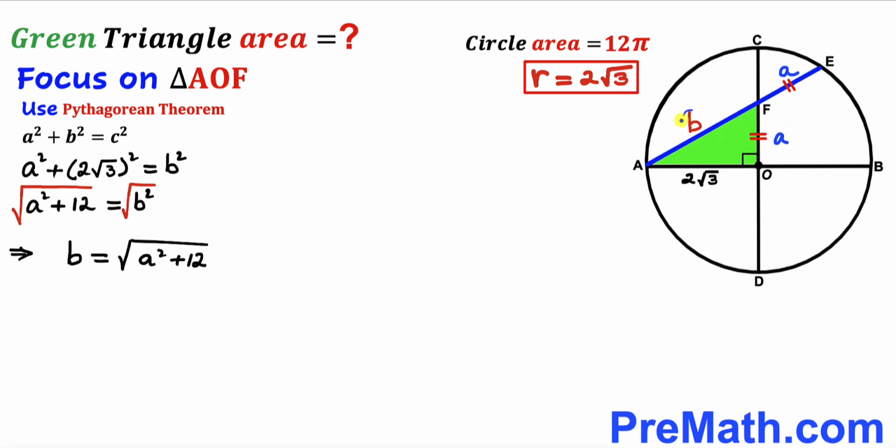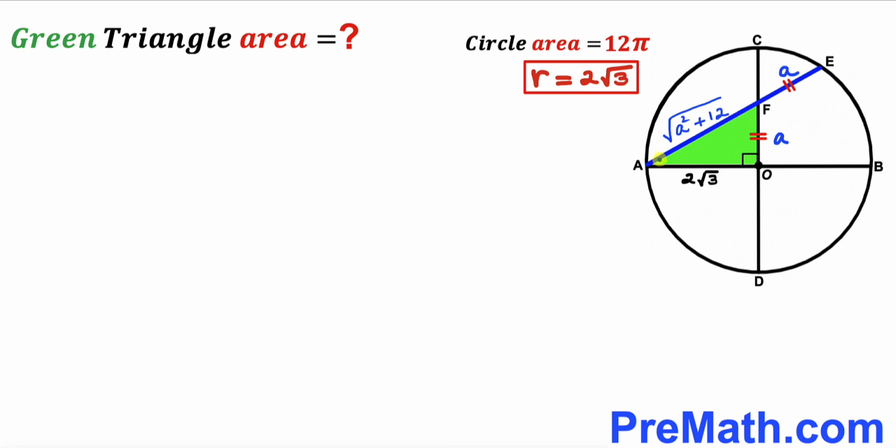Thus this segment AF length turns out to be the square root of a² plus 12. And this other segment EF length is lowercase a.